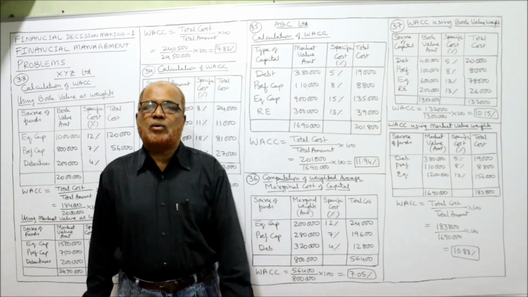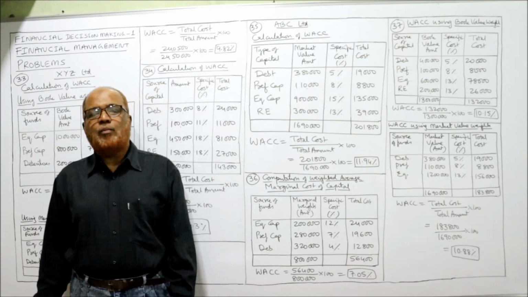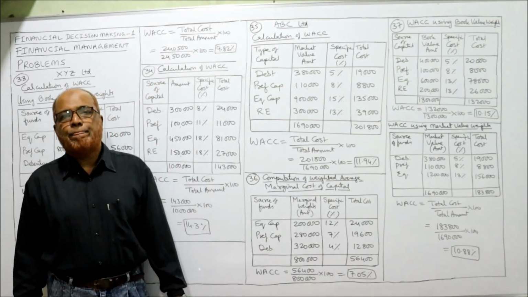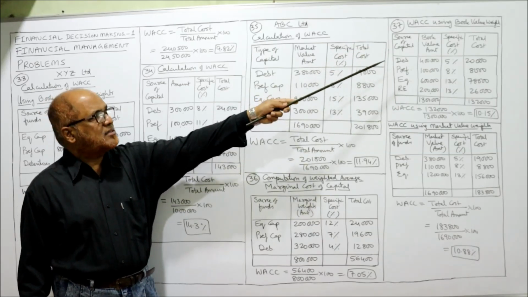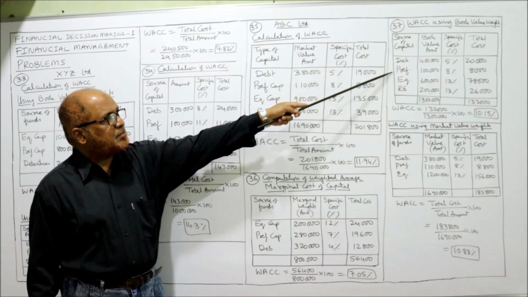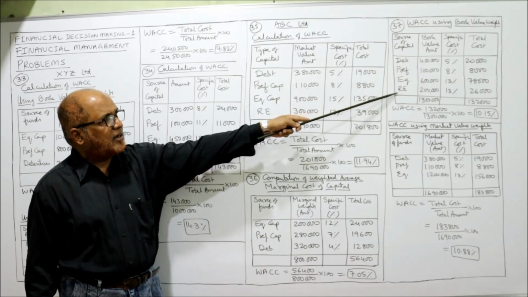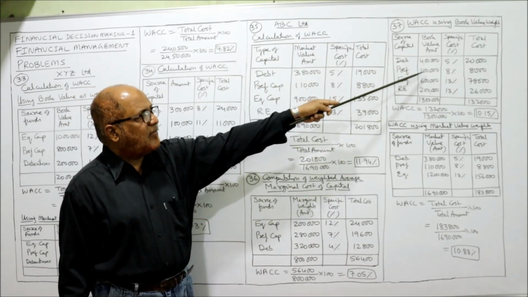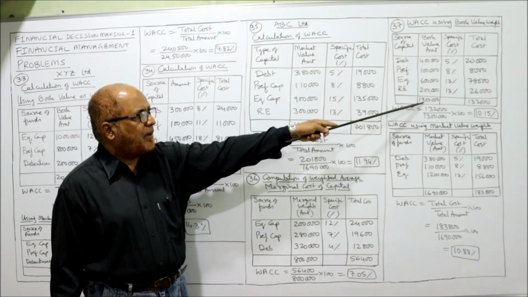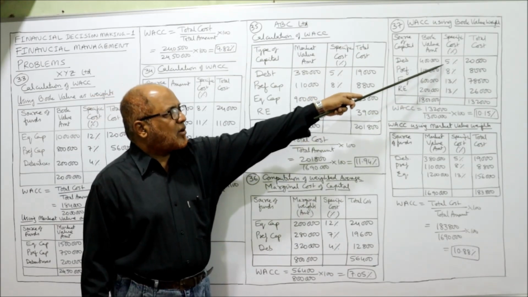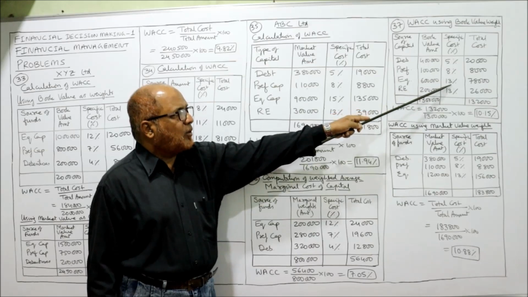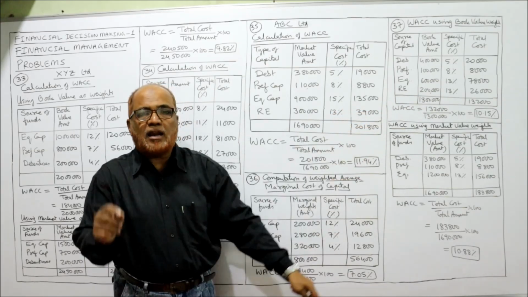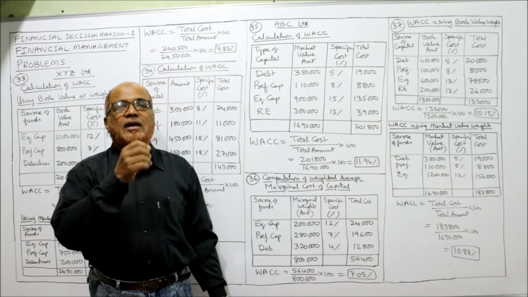So we have to make two tables, one for book value, the other for market value. Here WACC using book value weights. Source: debentures, preference, equity, retained earnings. Book values are all given in the problem, the same I have copied, 13 lakh. Specific cost is 5% for debentures, 8% preference, equity 13%, retained earning also 13%.